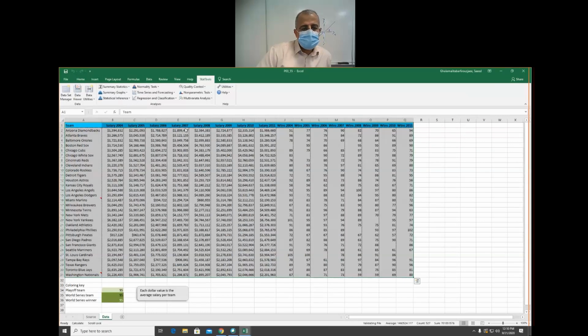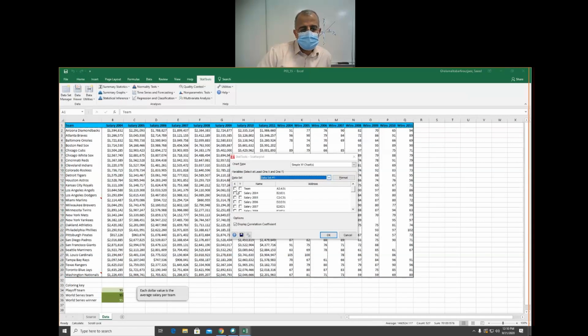Scatter plot the relationship among these variables. You want to see the relationship between each pair of variables. Let's see if that works.